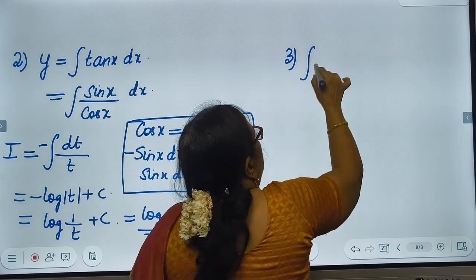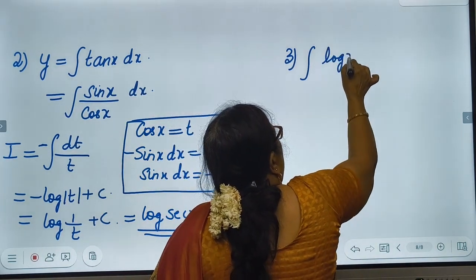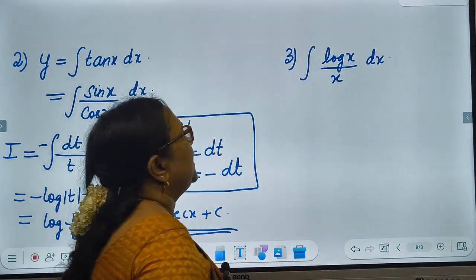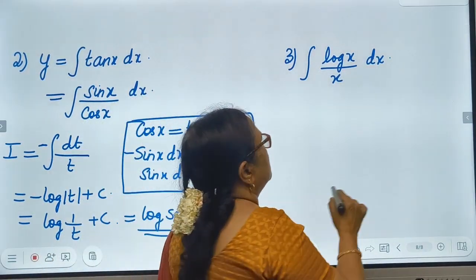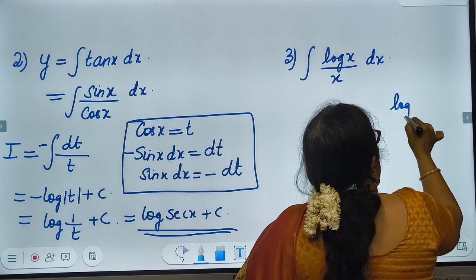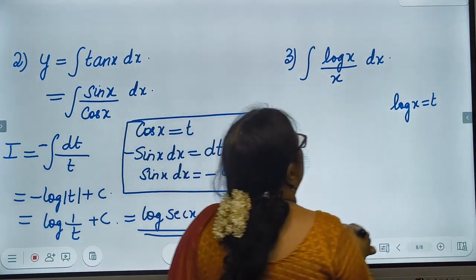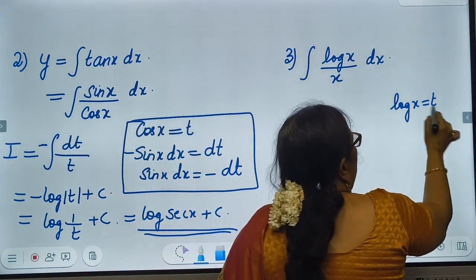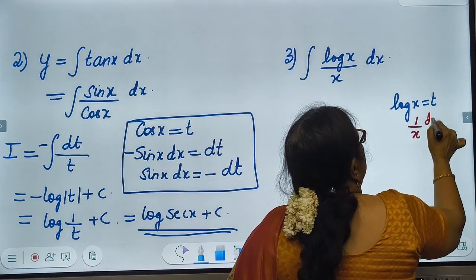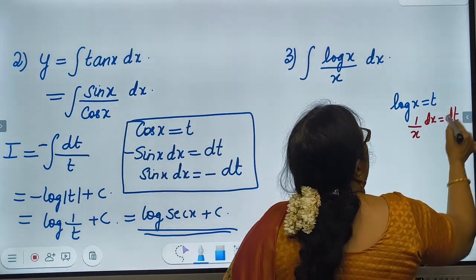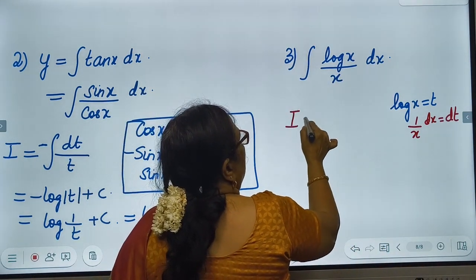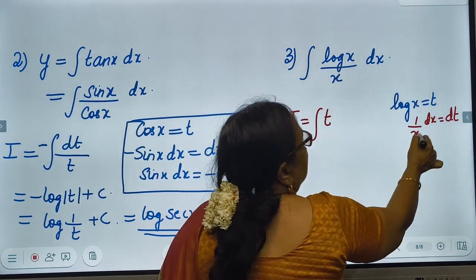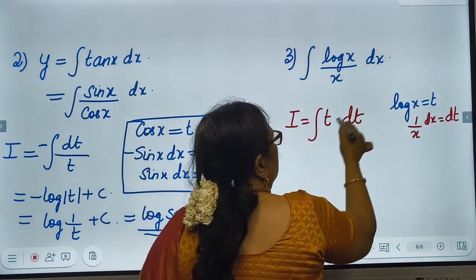Now, let us look at the integral of log x by x dx. I am writing the integral of log x by x. That is the problem. So I am going to put log x equal to t. Now differentiating, 1 by x dx will be dt. So I equals the integral of, log x is t, 1 by x dx is dt.